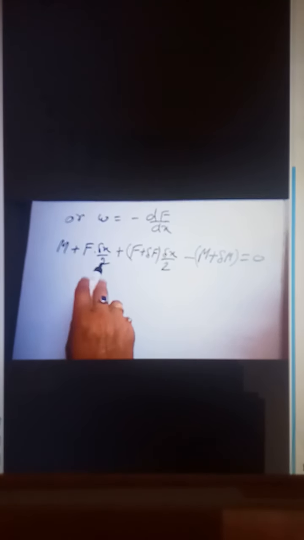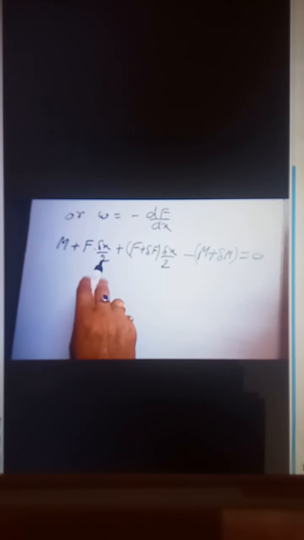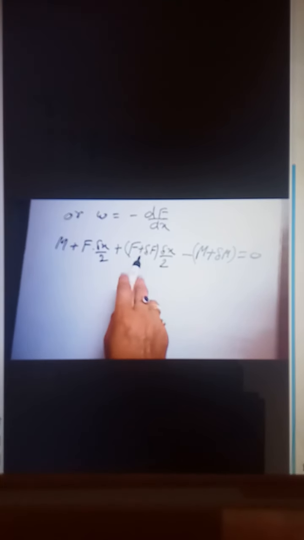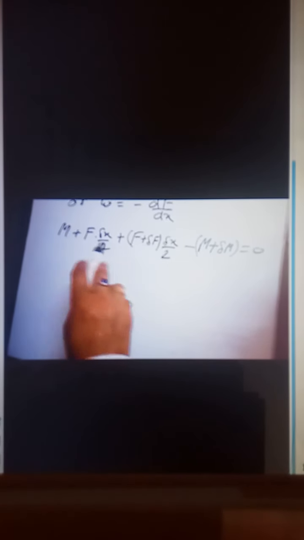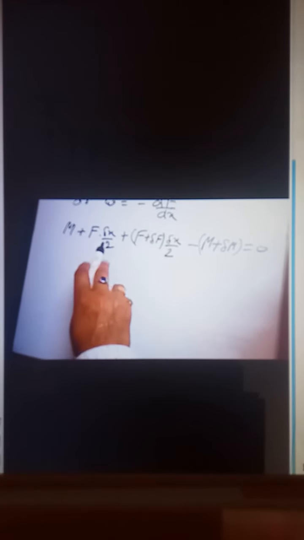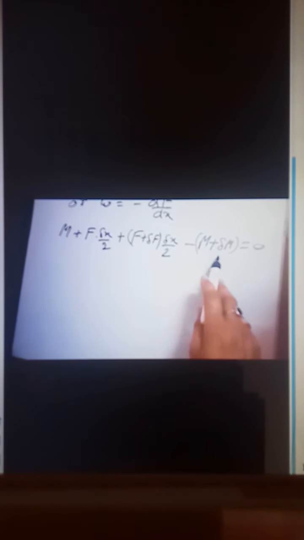So this is the total moment about C. It is M plus F delta x by 2 plus F plus delta F into delta x by 2. This is the moment for the second section. This is for the first section of the shear force, the moment due to that, and the moment due to the second section, and the algebraic sum of that is equal to 0.